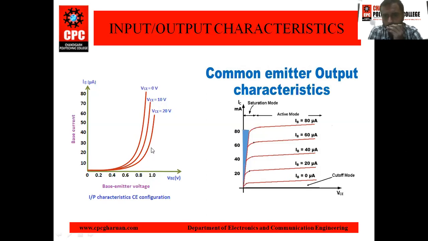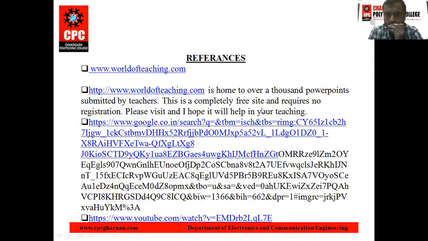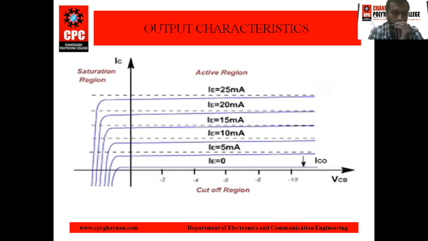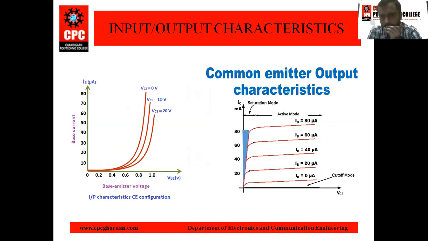In the output characteristic there is a saturation region in common emitter configuration, but in common base configuration there is no saturation region. In common base configuration, the value of IE is increasing. In common emitter configuration, the value of IB is increasing.